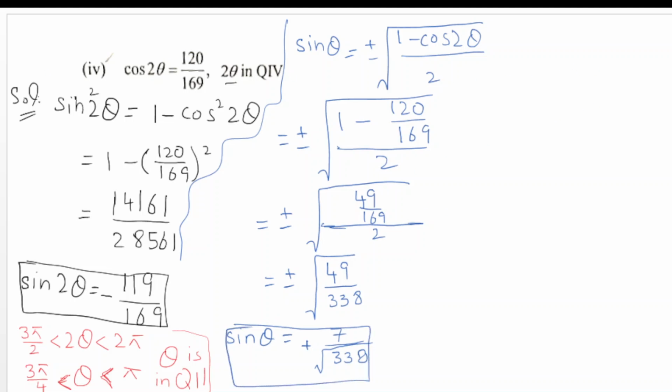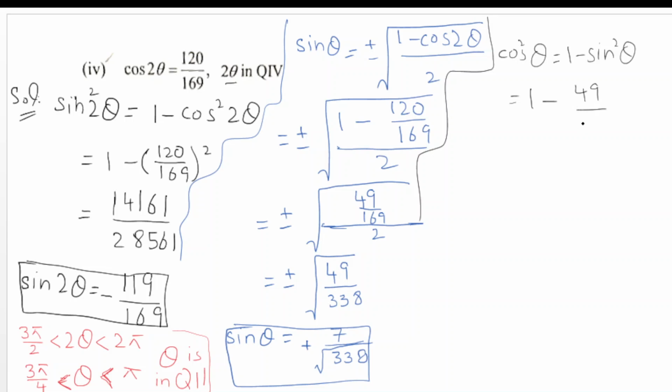Now we will move toward the next part, that is cos theta. Let me write cos square theta equals 1 minus sine square theta. I'm solving the question by a different method. You can take the square root first or at the end, that's up to you. Just put the value of sine square theta, which is 49 by 338.